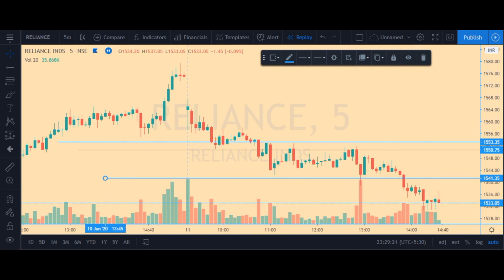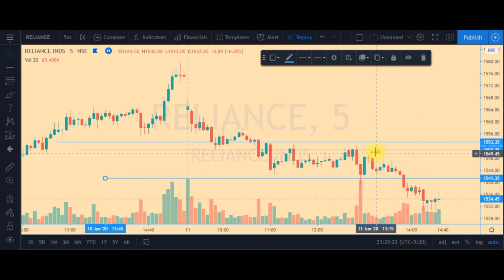If you look at the price again, it came and retested near this big bar. It's a very good 60 to 70% retracement, and then it broke down the range, and then it was trending downwards.